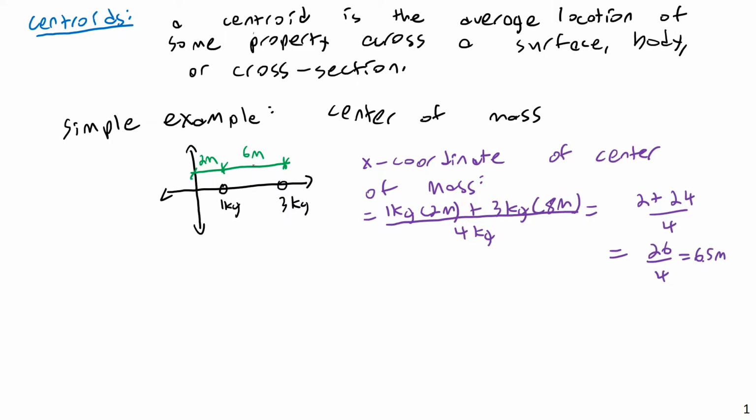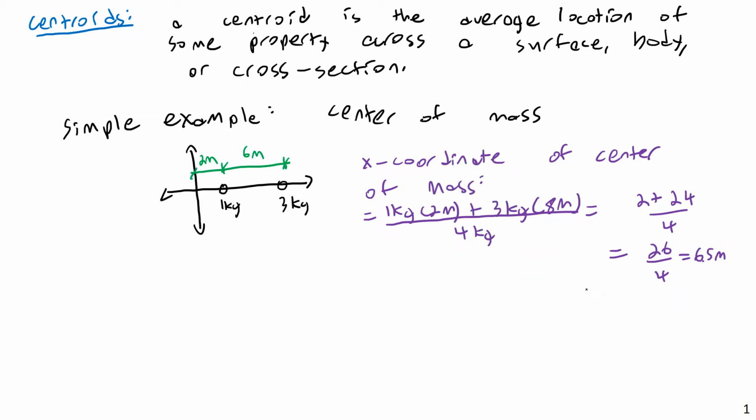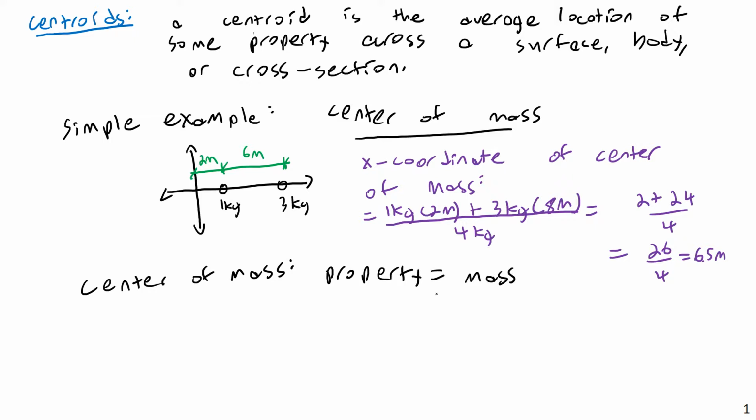And it's no surprise that it is closer to the 3 kilogram mass than the 1 kilogram mass, because the 3 kilogram mass is much larger than the 1 kilogram mass. So in the case of a center of mass, what we are doing is averaging mass, and that's the property that we are averaging. The property in question is mass. So we are averaging mass across a geometric area.